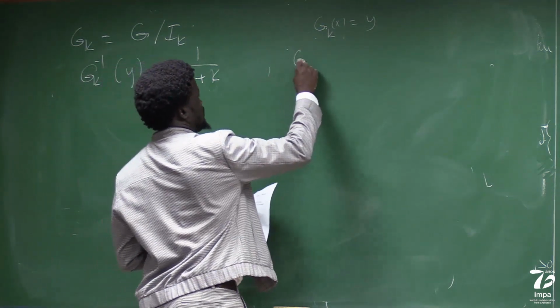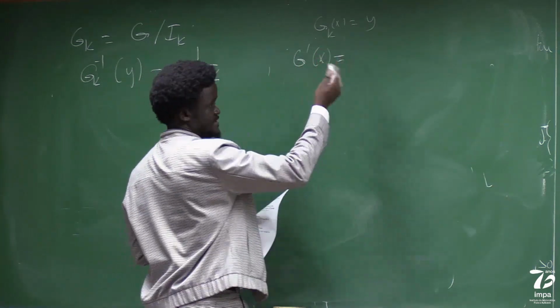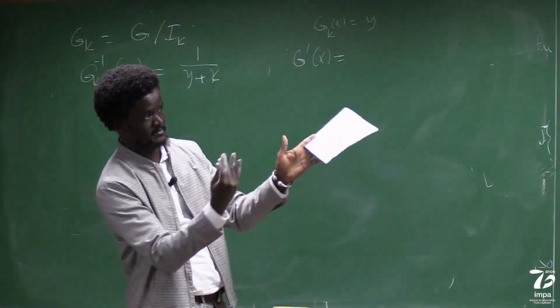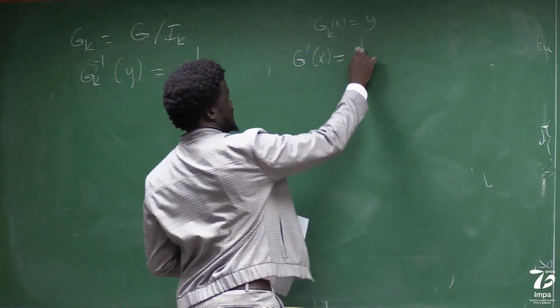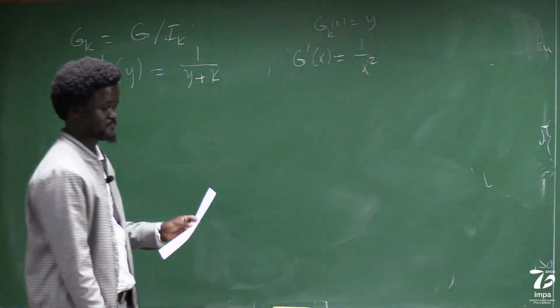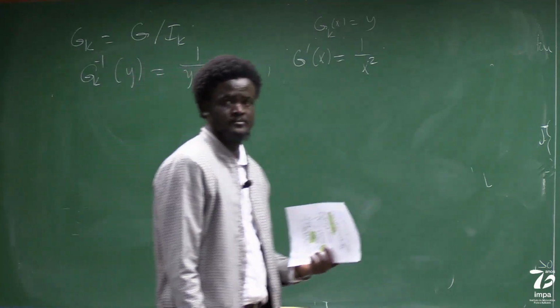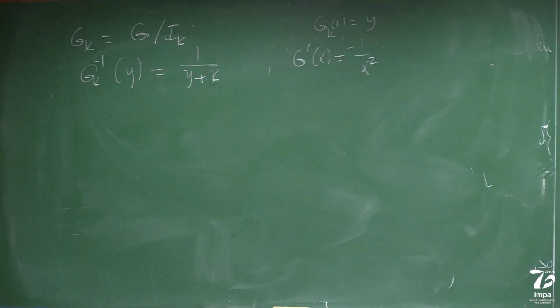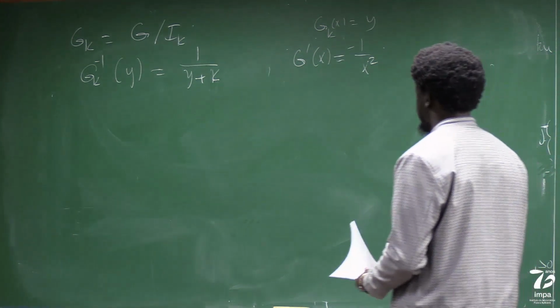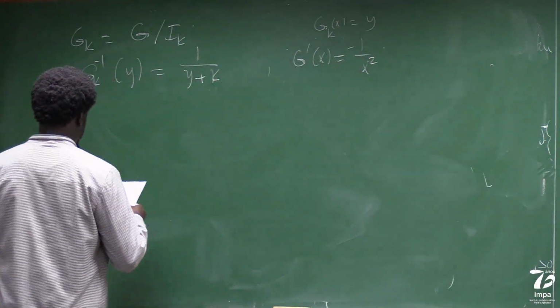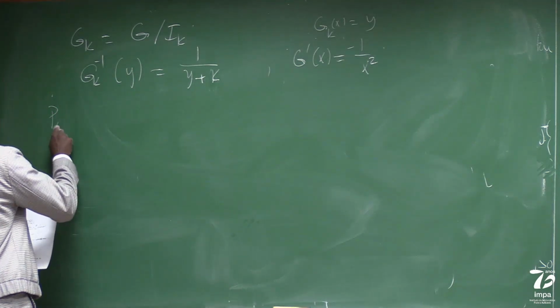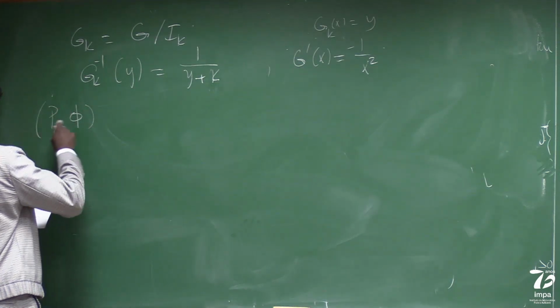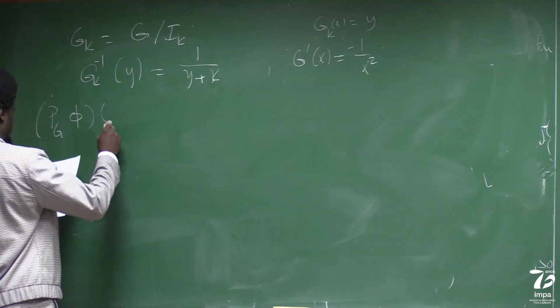And we always have G prime of x, whenever it is differentiable, so I don't take the points where you don't have differentiability, is 1 over x squared. Minus, yeah. Nice. So you can now write Pg of phi at x.